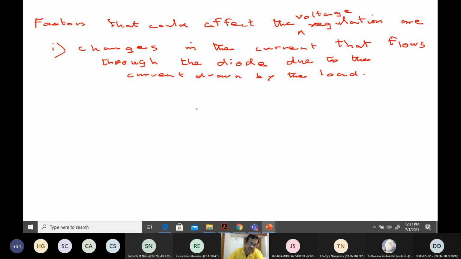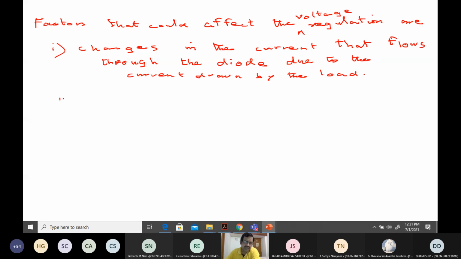Let us say I have 0.7 volt coming and there will be a certain ID value. Because the load draws some current, the current there will decrease. That will affect the voltage regulation. Okay, we will exemplify that.